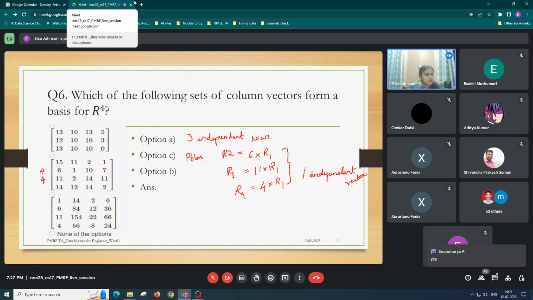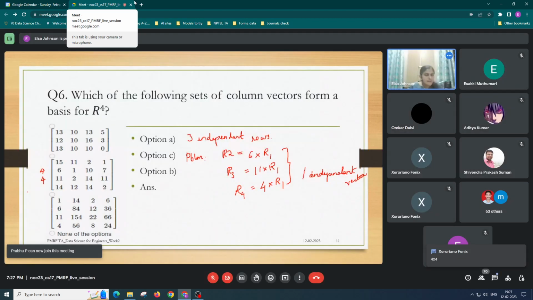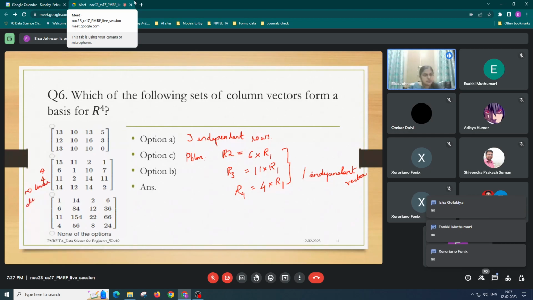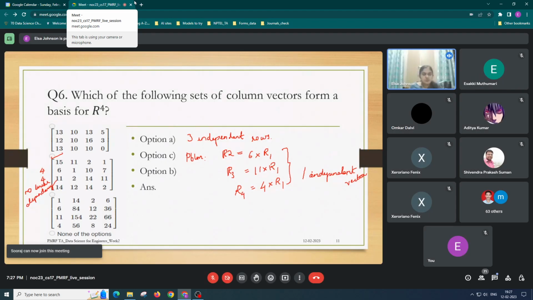Okay, so is there any linearly dependent row? Yeah, it's 4 cross 4. Any linear dependency? Yeah, there is no linear dependency. So you can tell that option B is the right answer. You can form a basis with option B.